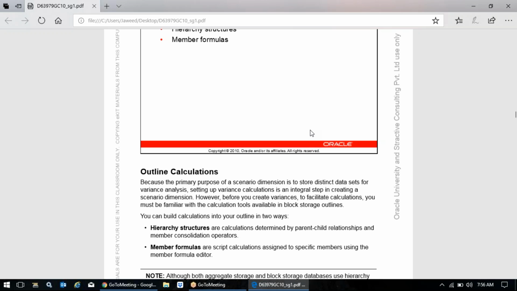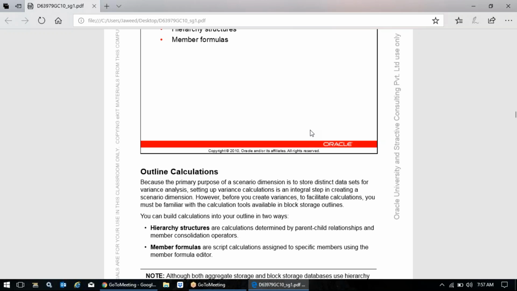Okay, that's called hierarchy structures. And then there are member formulae. The member formulae are nothing but the scripts which you write. Now, when I say a script, it doesn't have to be only the calculation scripts.